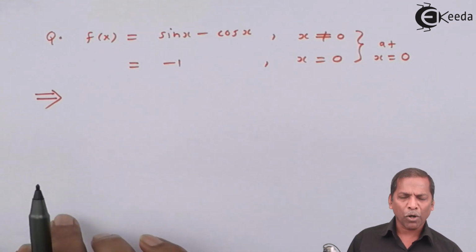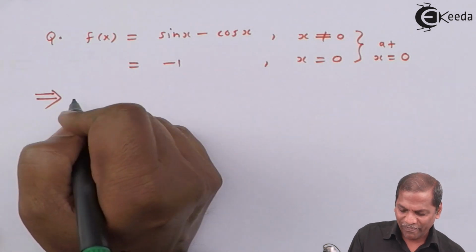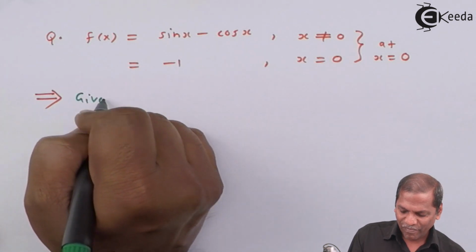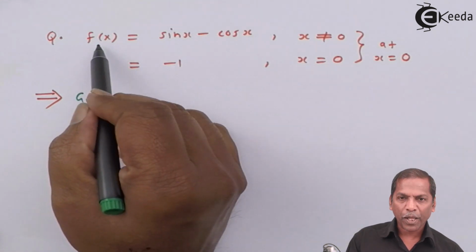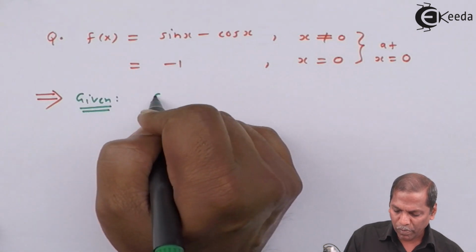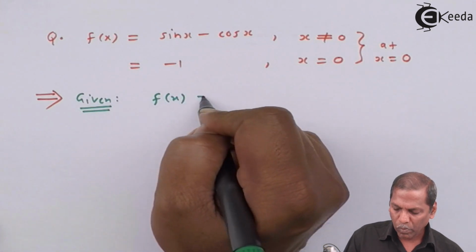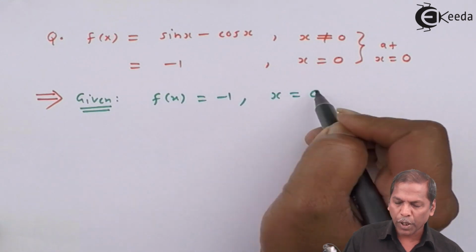Let's see the solution. First of all, we start with the given f of x is equal to minus 1, for x equal to 0.